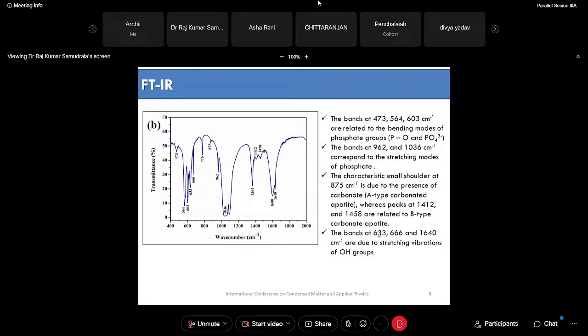The bands at 666 and 1640 are related to OH bonds. From this, phosphate content is there, carbonate content is there, and hydroxyl group is there, so we can confirm this is a carbonated hydroxyapatite.